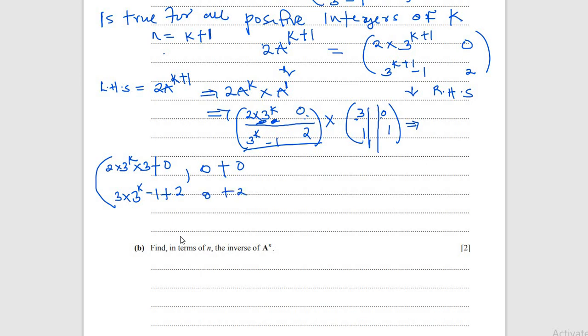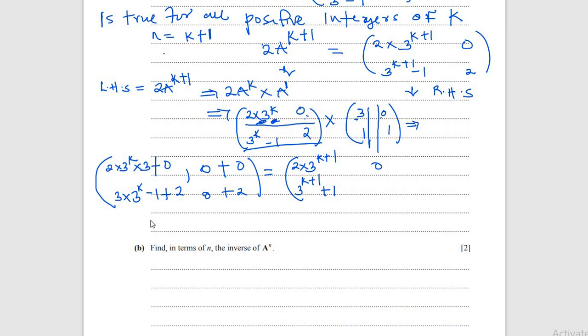At the end of the day, when you apply a law of indices, this one will give us 2 times 3 raised to the power k plus 1. This is 0. This one will give us 3 raised to the power k plus 1, minus 1 plus 2 is plus 1.